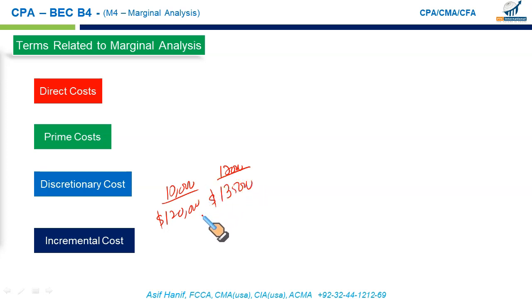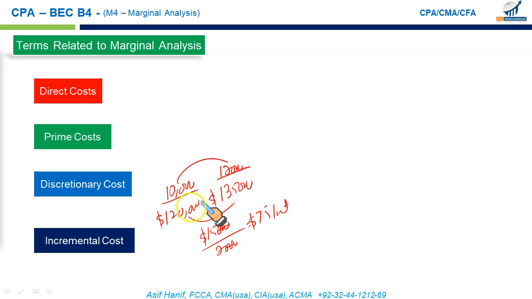Right? Now, between these two levels of output, the cost differs by $15,000. If converted on a per unit basis, you can see it's about $7.5 per unit, right? Now, incremental cost is the marginal cost of producing one extra unit, which is 7.5. This cost is also called the differential cost between the output level of 10,000 and 12,000.